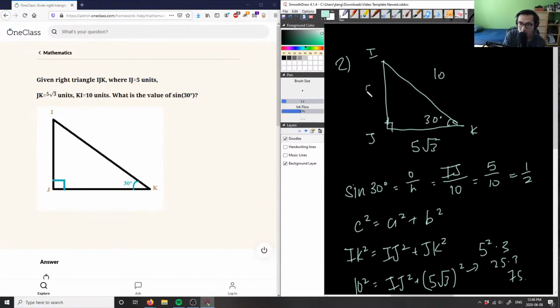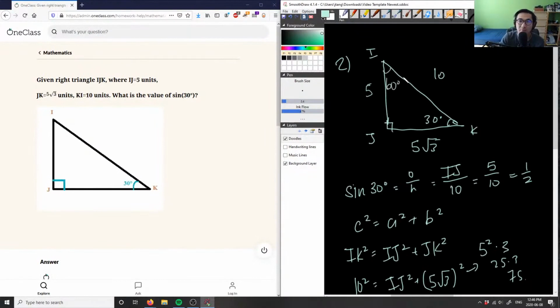If you wanted to avoid using the Pythagorean theorem, you can visualize this triangle and recognize it's a special triangle. If we have a 30 degrees here and a 90 degrees here, this angle must be 60 degrees.